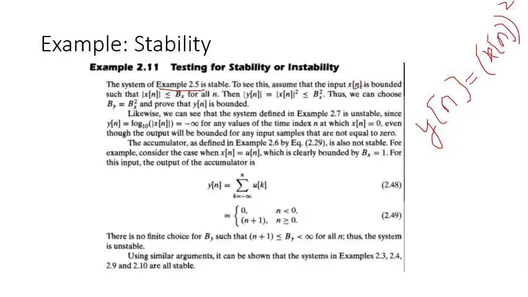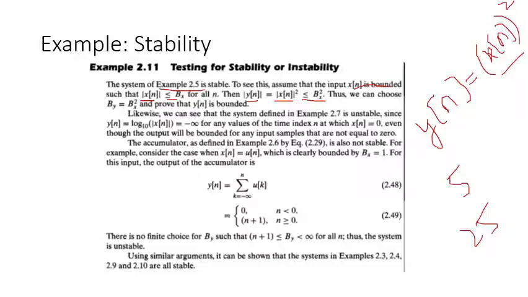If x of n is bounded, it means that the magnitude of x of n is less than Bx for all n. Obviously, if the magnitude of input is not going beyond 5, output cannot go beyond 25. So the magnitude of y of n will always be equal to x of n squared, less than Bx squared. You got my point?